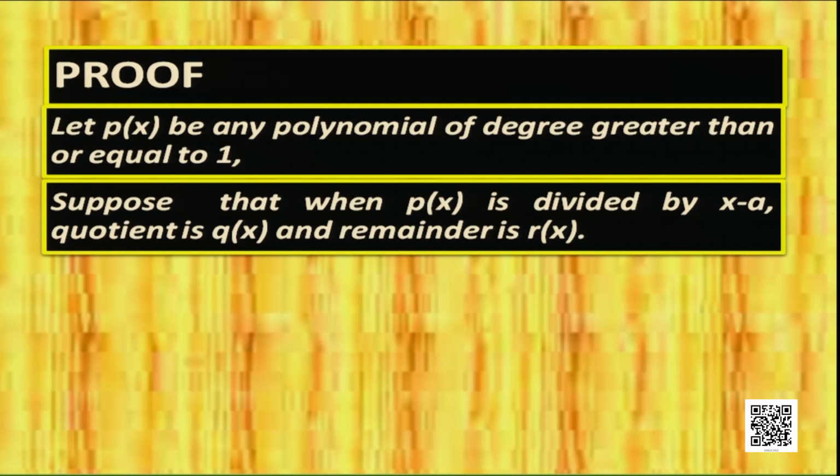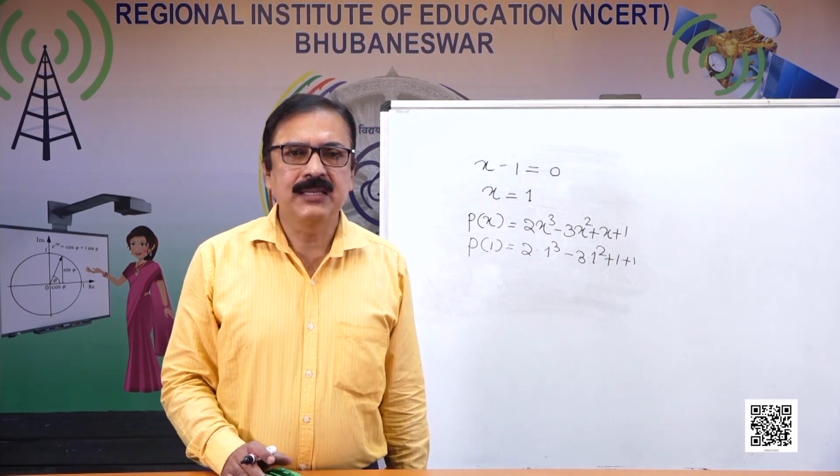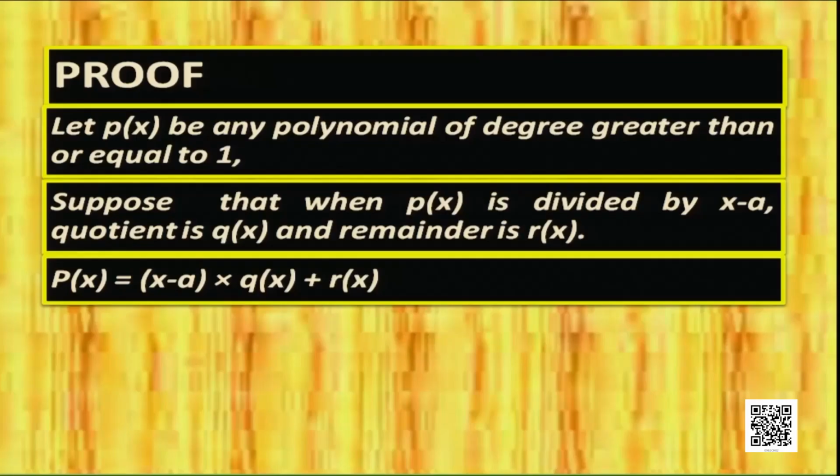So if Px is divided by x minus a, then we must have some quotient, let it be Qx, and the remainder may be say Rx. So in that case, we can write Px is equal to x minus a into Qx plus Rx.